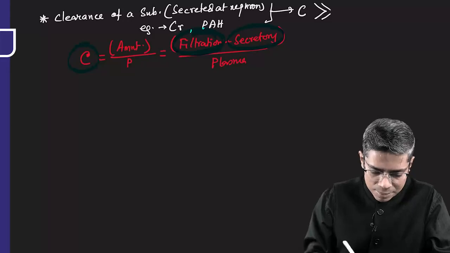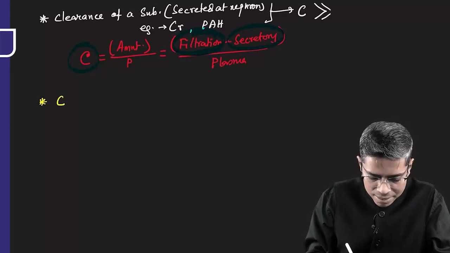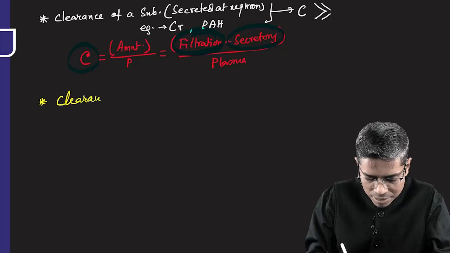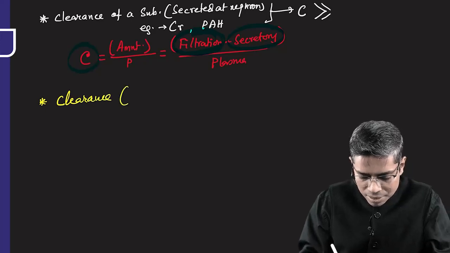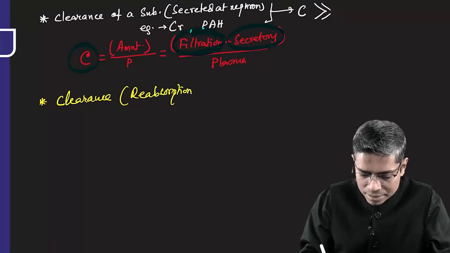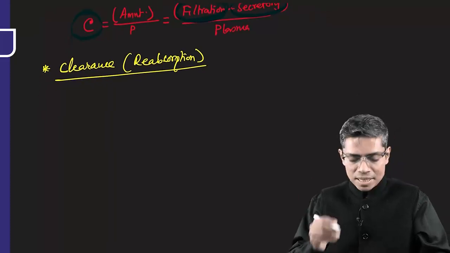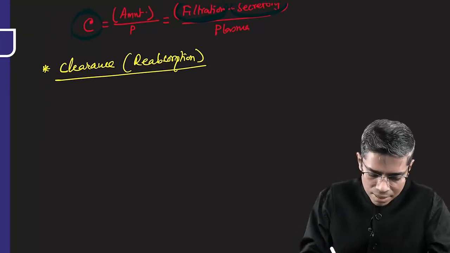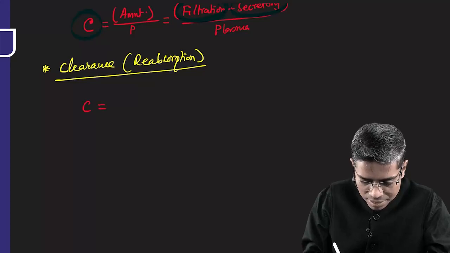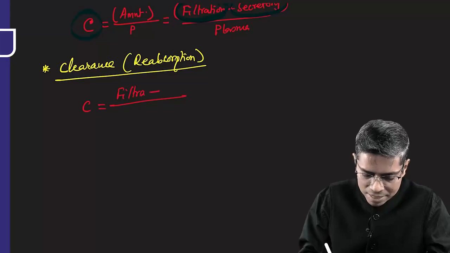And the same concept, very easy. Clearance of a substance which is reabsorbed. Reabsorption occurs at the level of the nephron. If you measure the clearance of these substances, then the formula will be like this. C is equal to the same thing, that is the filtration minus absorption or reabsorption.